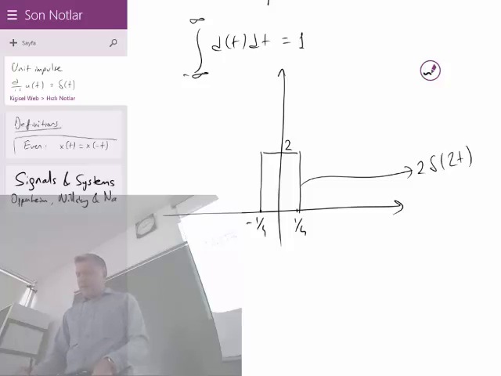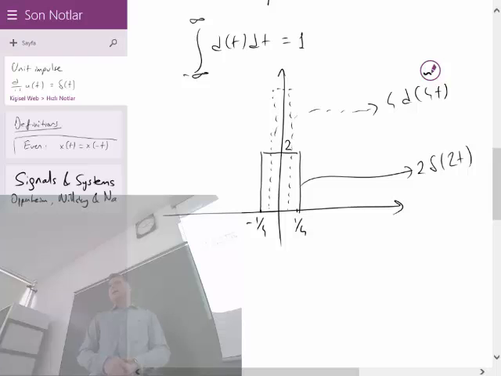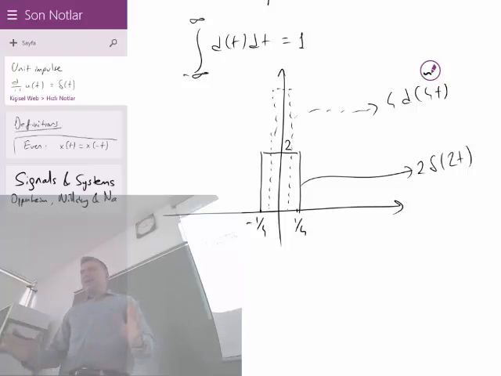I can change it like this as well, right? From minus 1 over 8 to plus 1 over 8, and make it like this. And it will be a different thing. It will be 4 d of 4t, like this. So as you see, I can make it arbitrarily narrow and arbitrarily tall.